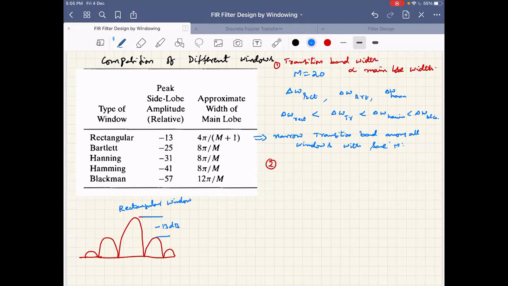What I am plotting here is the frequency spectrum, W of e power j omega, for the rectangular window.